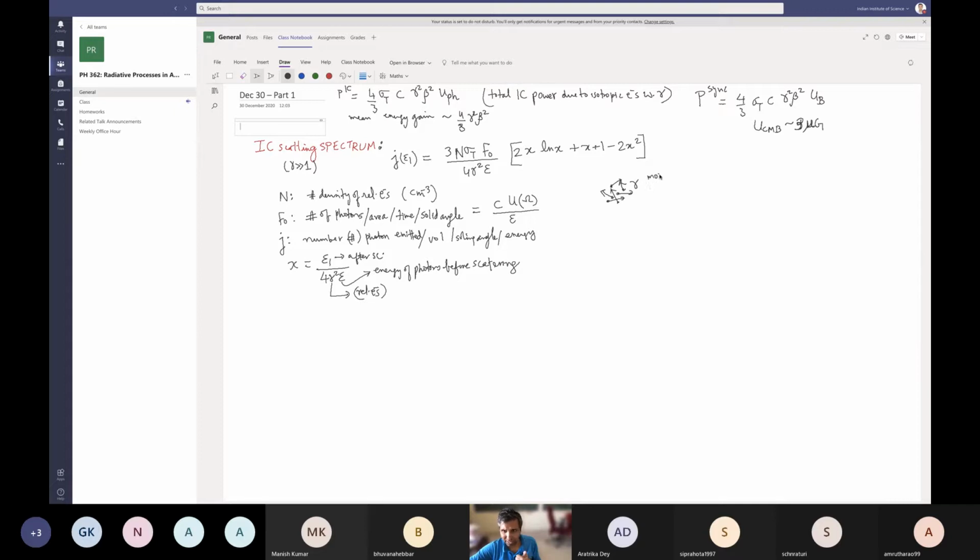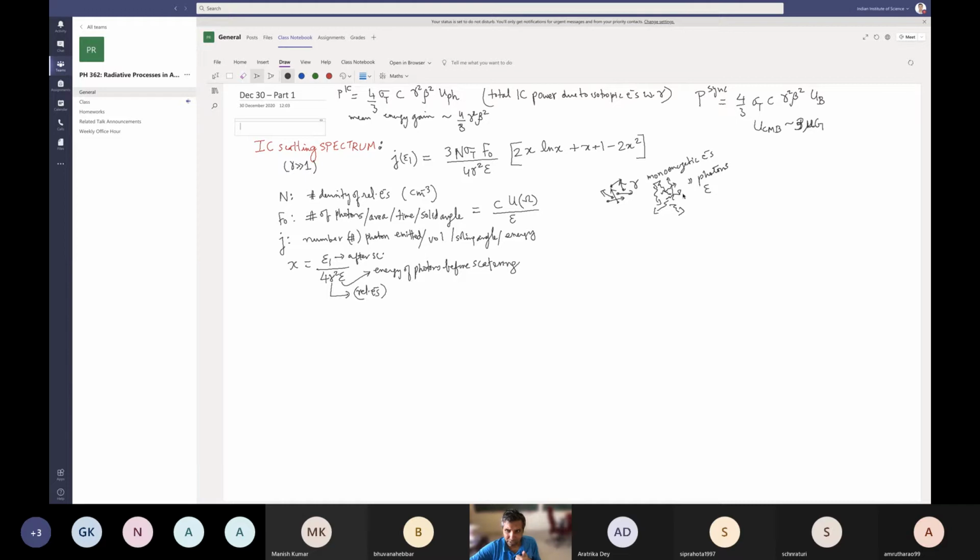So monoenergetic electrons, and you have photons which are also isotropic, going in all directions in the lab frame, and their energy is also the same. So monoenergetic photons, and their energy is epsilon before scattering.